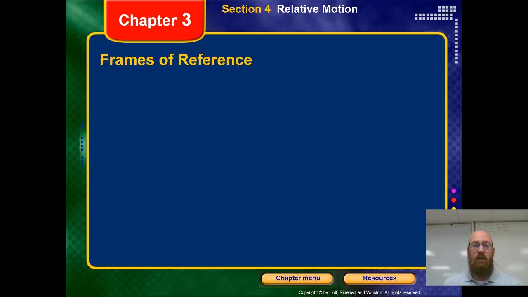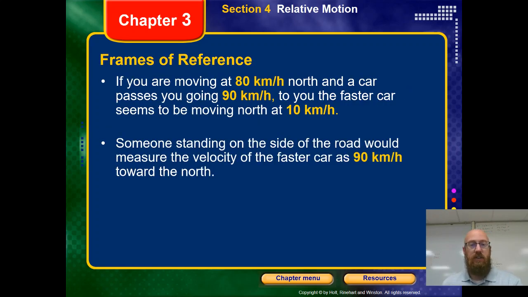So, frame of reference, if you're moving 80 kilometers to the north and a car passes you at 90 kilometers, it seems to be moving 10 kilometers more. Easy enough. So imagine you're driving down the road, someone passes you, you can figure out 10 kilometers an hour.